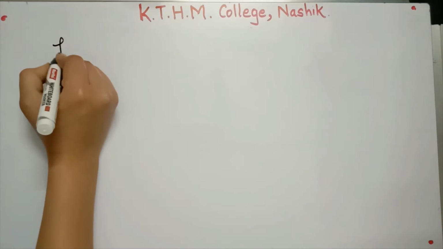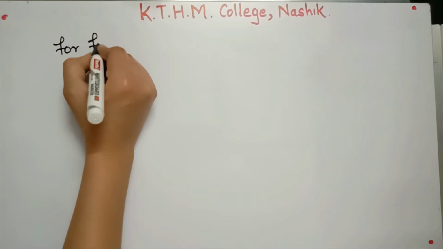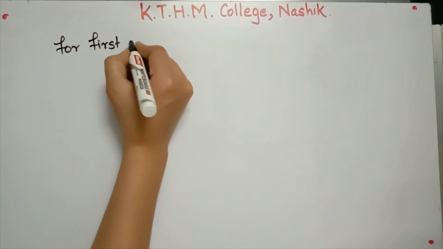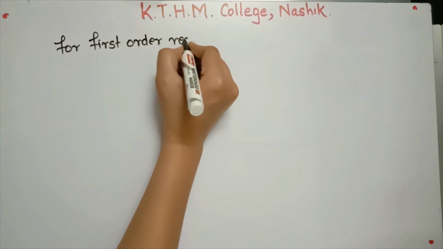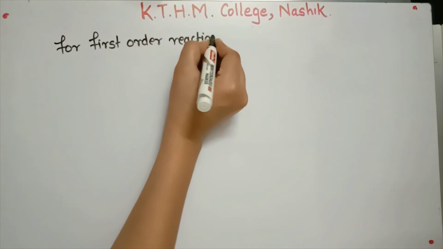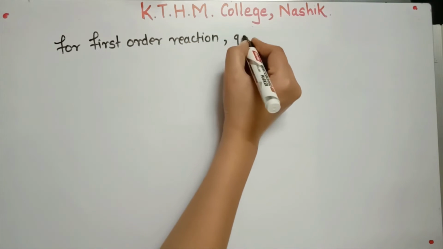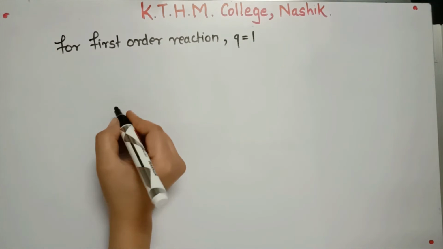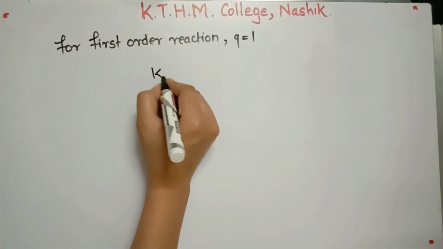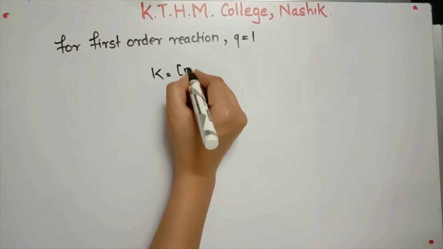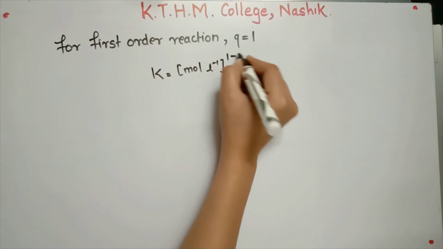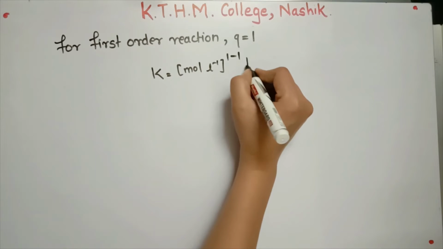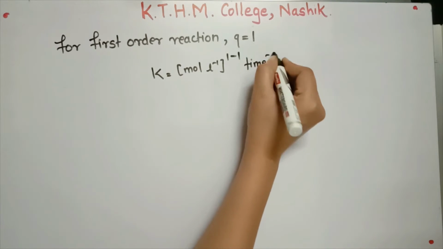Now for first order reaction, Q will be equal to 1. So K is equal to mole per liter raised to 1 minus Q, that is minus 1 time inverse.